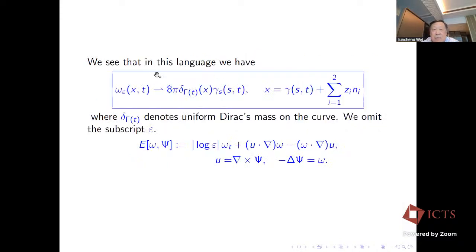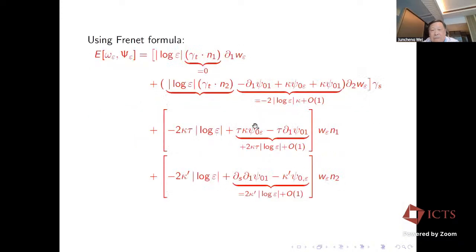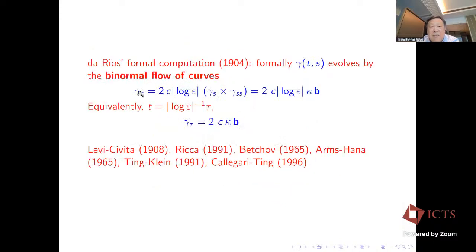Suppose we have this, and we plug it into the Euler equation, and you do some computation. Again, this is a formal computation, and what you find is that this curve must evolve by the binormal flow. This is called the binormal flow equation, the binormal flow for the curve.